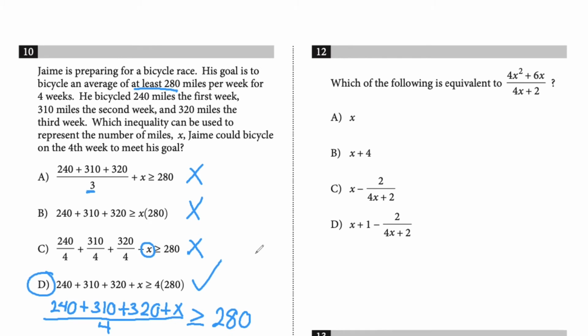Number 12 asks, which of the following is equivalent to 4x squared plus 6x over 4x plus 2? Now your first thought might be to factor and try to simplify, but here we have two polynomials being divided together. So what we're going to do is polynomial division.